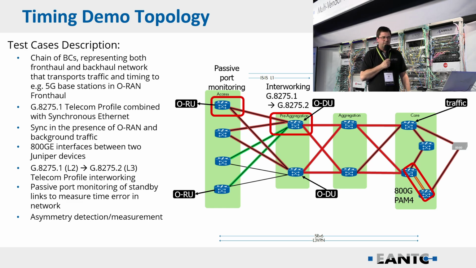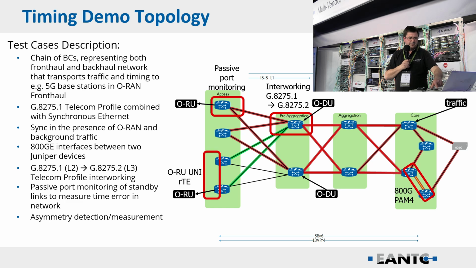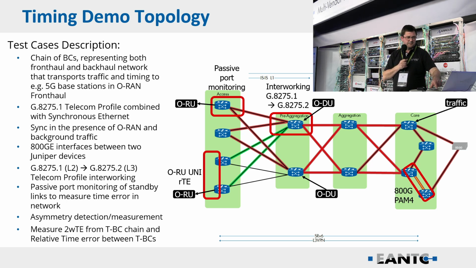So we have also included the asymmetry detection and the measurement and the operational part with the passive port monitoring here. And lastly, we are also going to show you the measurement with the test equipment from Keysight and Calnex, where we are measuring both the two-way time error, the constant time error, but also the relative time error between the nodes, which is an important thing in the fronthaul, as Christoph described here.